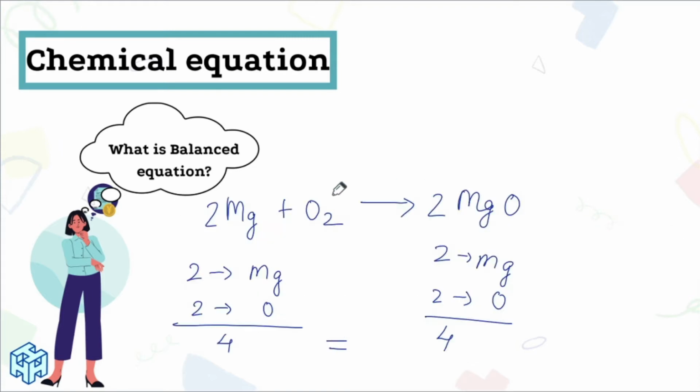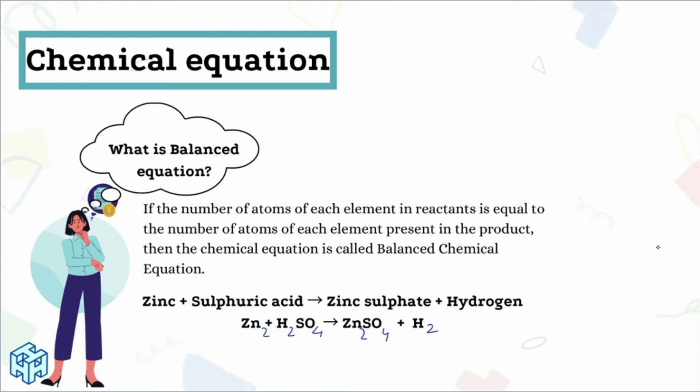We understood an example, sir. 2 Mg plus 2 O2, here 2 MgO, 2 magnesiums, 2 oxygens, here 2 magnesium, 2 oxygen, 4, and here also 4. That means both in the LHS and the RHS the elements are equal.